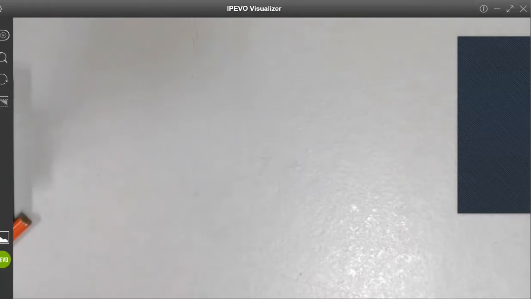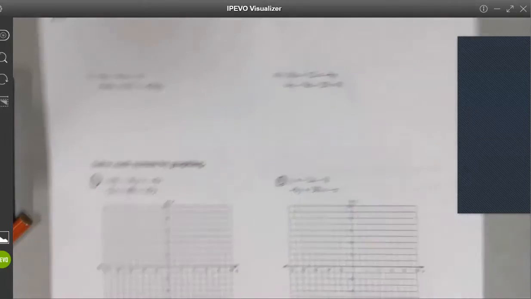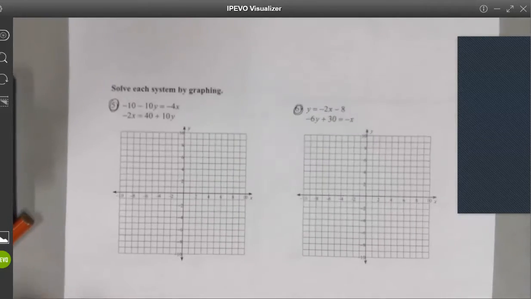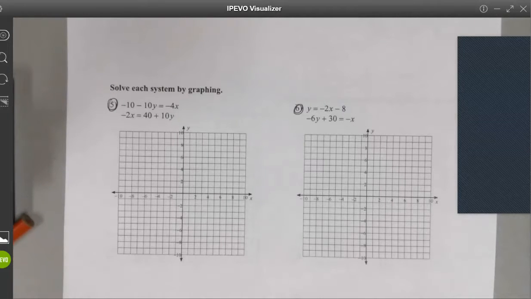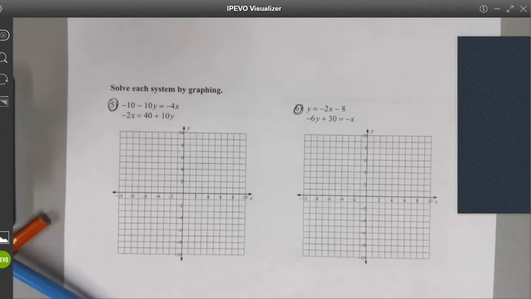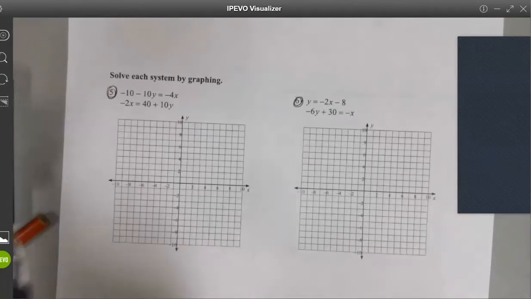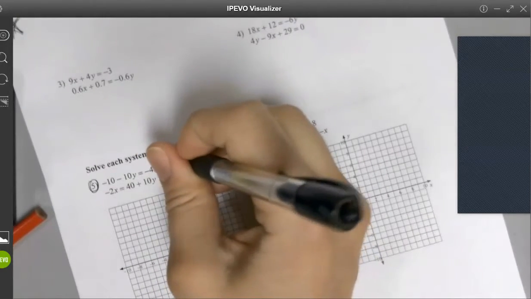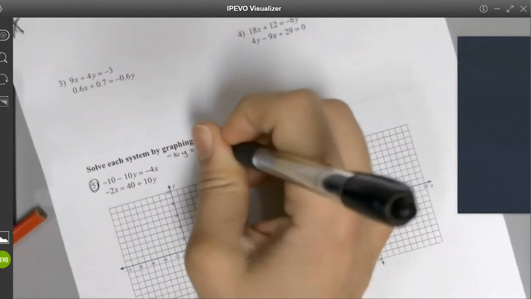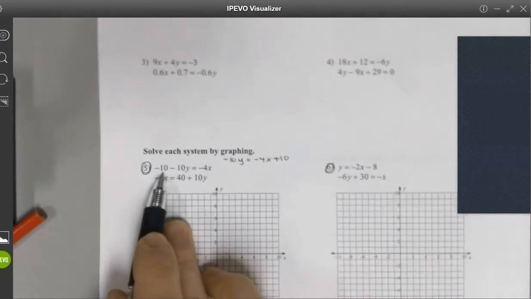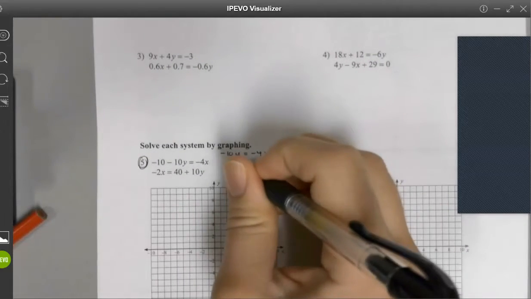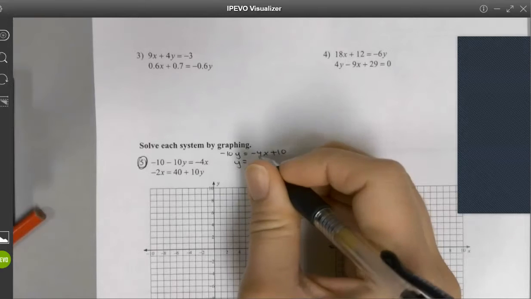On the graphs, first page on 5 and 6, when it's not an inequality and it's a graph, we're looking for the intersection point. So we need an actual ordered pair x, y. Let's see, on 5, maybe I add 10 over first on this equation, and then divide everything by negative 10.